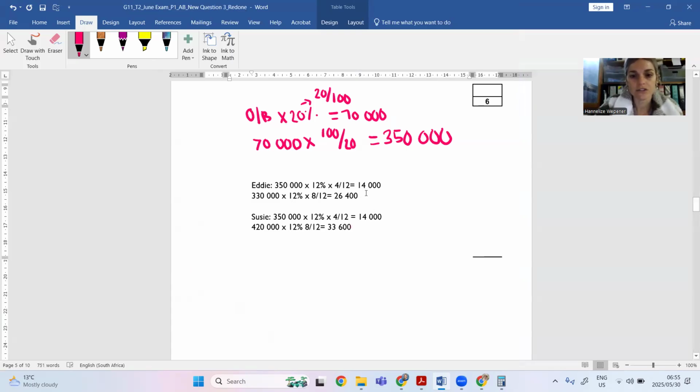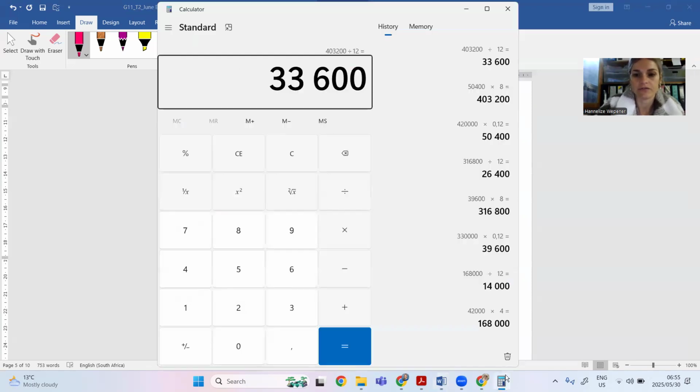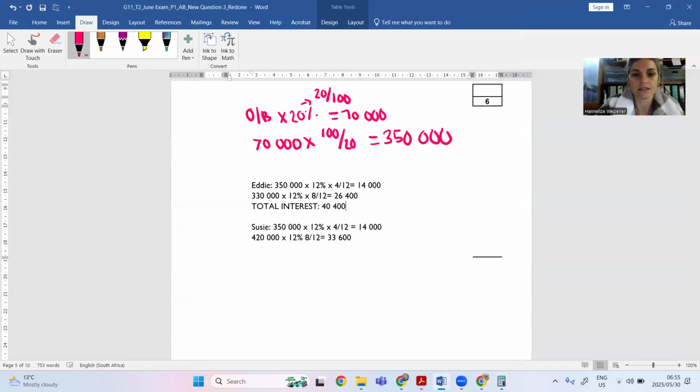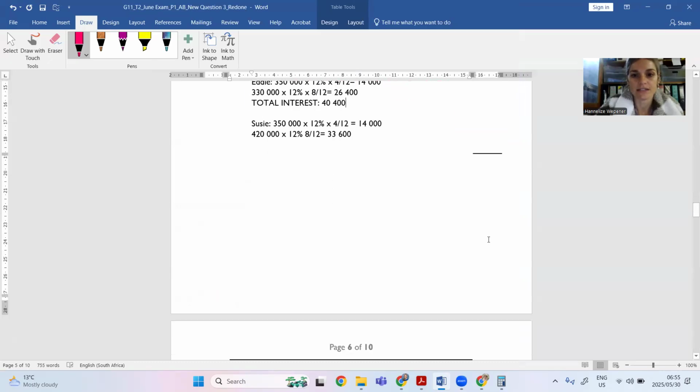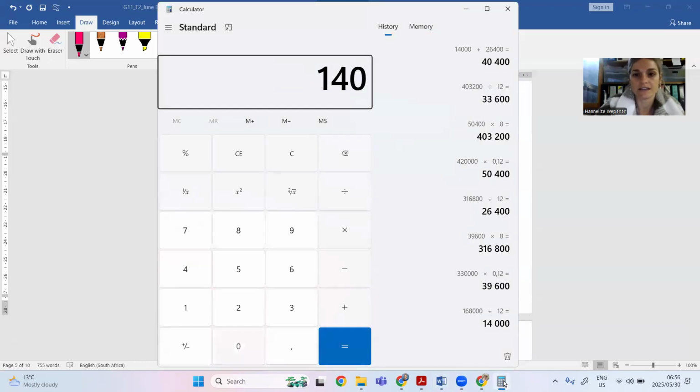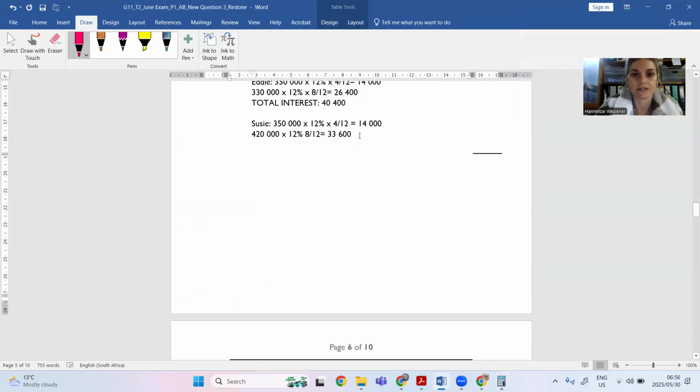Okay, so in total then, total interest, Eddie earned the 14,000 plus the 26,400, so 40,400, whereas Susie earned 14,000 plus 33,600, so 47,600.